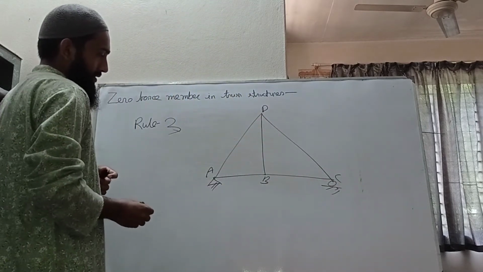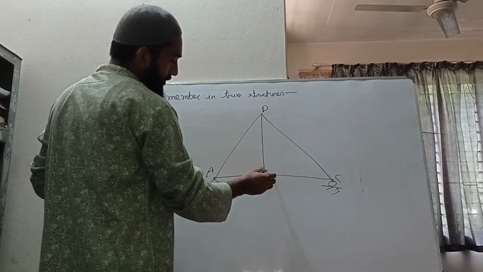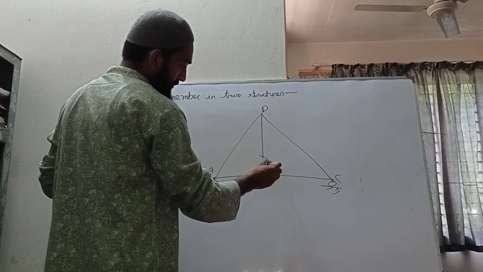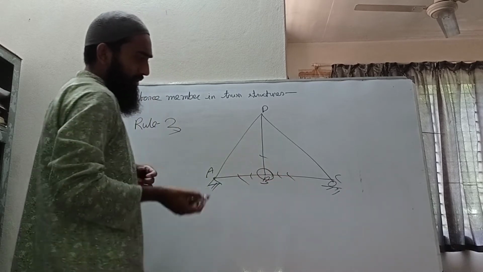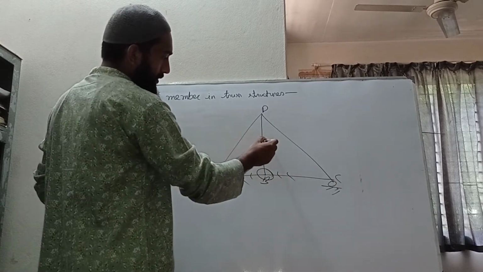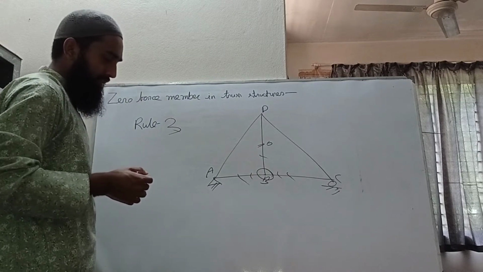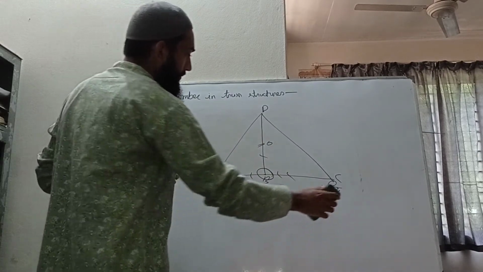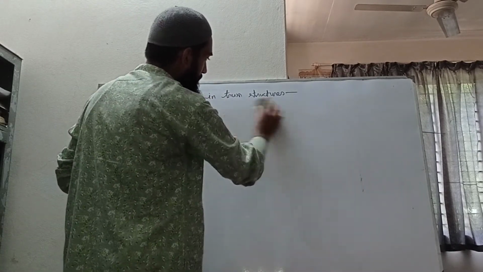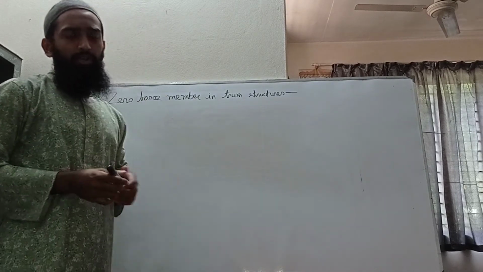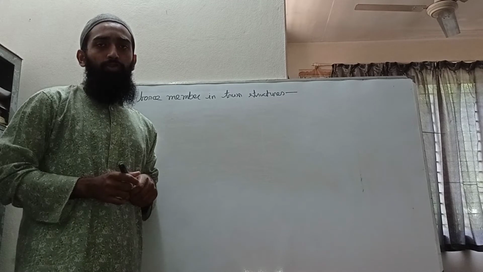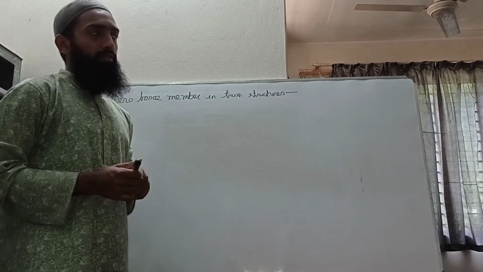Here in this truss at joint B, there are three members and AB and BC members are collinear. That's why DB member is a zero force member. By applying these three rules, we can identify zero force member easily in a truss structure.